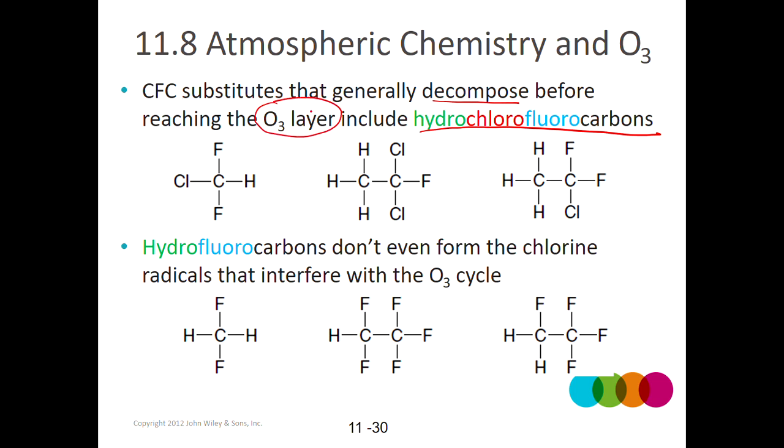So they don't interfere with the ozone because they form radicals and then subsequently react before reaching the ozone layer. So those are good substitutes for CFCs. Other substitutes for CFCs are these hydrofluorocarbons. They don't produce the chlorine radicals that interfere with the ozone cycle. So they're stable enough that they don't break up to create these radicals that would then react with oxygen, preventing the ozone cycle from continuing.